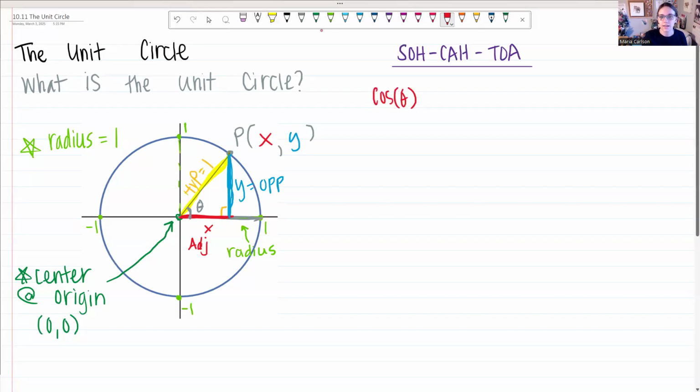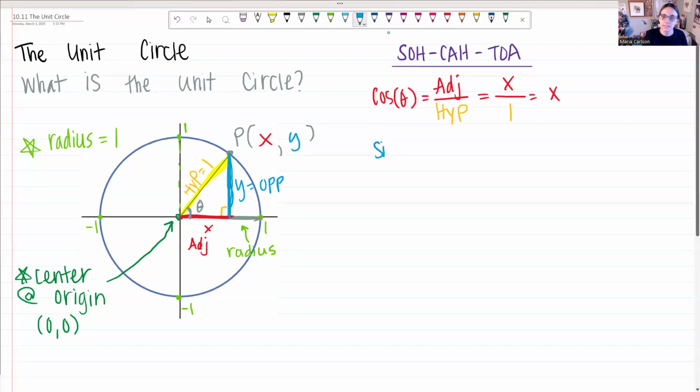Cosine is equal to the adjacent side over the hypotenuse. So in this triangle, the adjacent, that is x, over the hypotenuse, which is 1. So the cosine of this angle is really just equal to x.